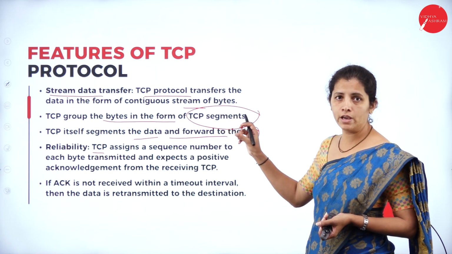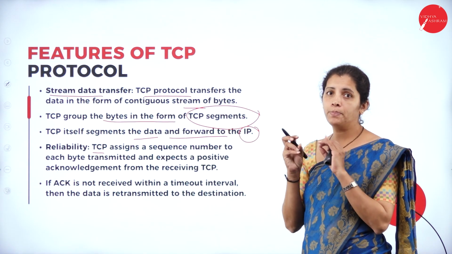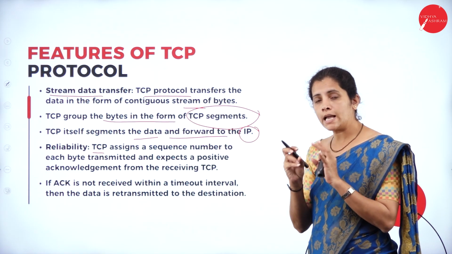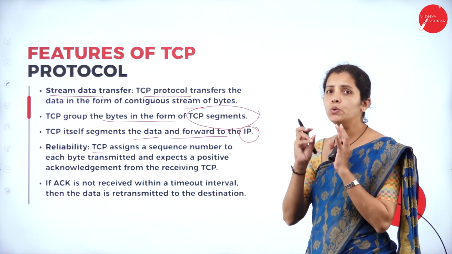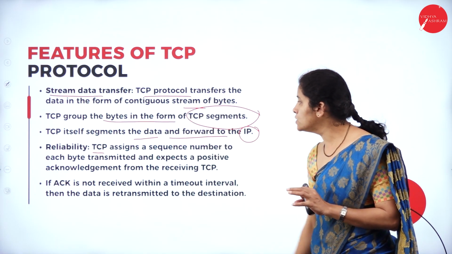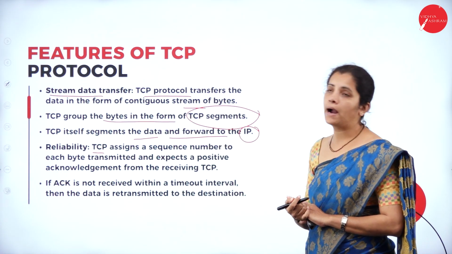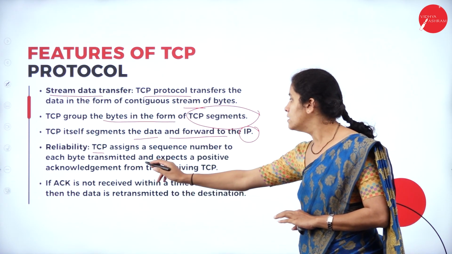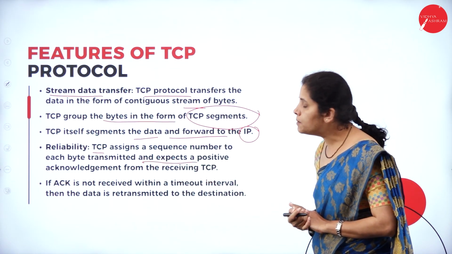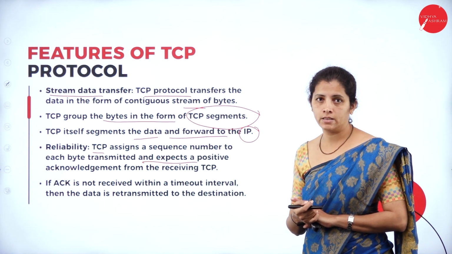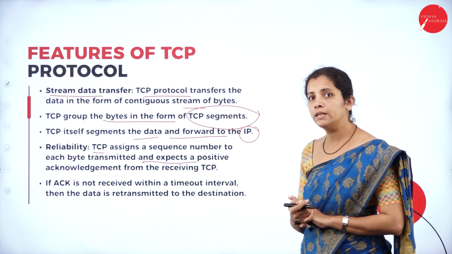In TCP, we are going to have the TCP segment. For each segment, it assigns a unique ID that is known as the sequence number to each byte transmitted and expects a positive acknowledgement. So what is acknowledgement?